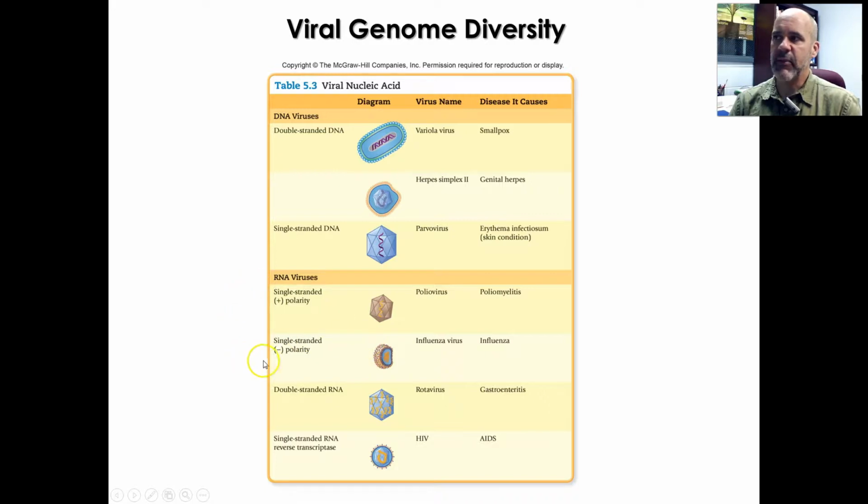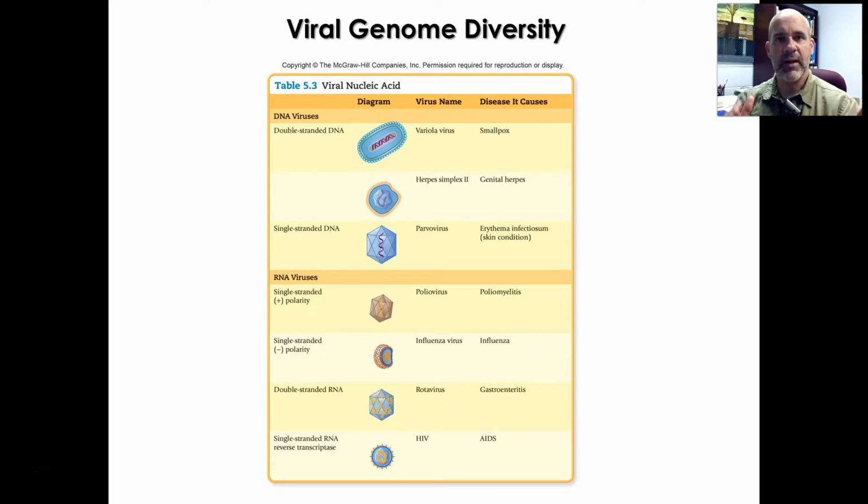Then on this table, when you're taking a look at it, you'll see some of your single-stranded RNA viruses are classified as having positive polarity, or they're called plus-strand RNA viruses. Some are classified as having negative polarity, or they're negative strand RNA viruses. And what that means, and we'll see a little bit more of this later, if an RNA virus is considered to have a plus-strand RNA genome, what that means is when that RNA genome enters a host cell, the host cell sees it as a messenger RNA molecule.